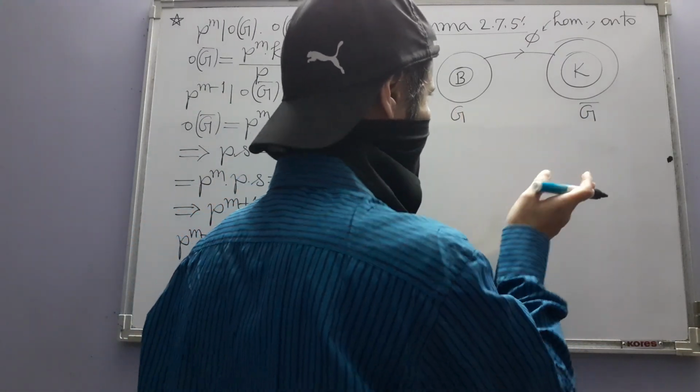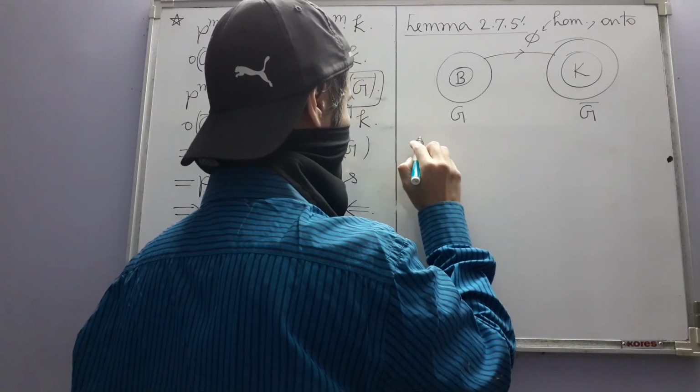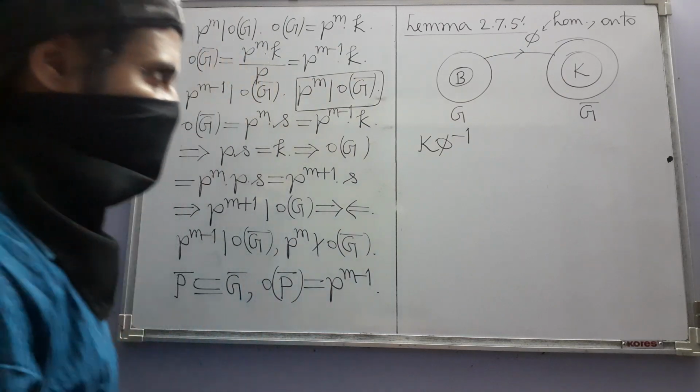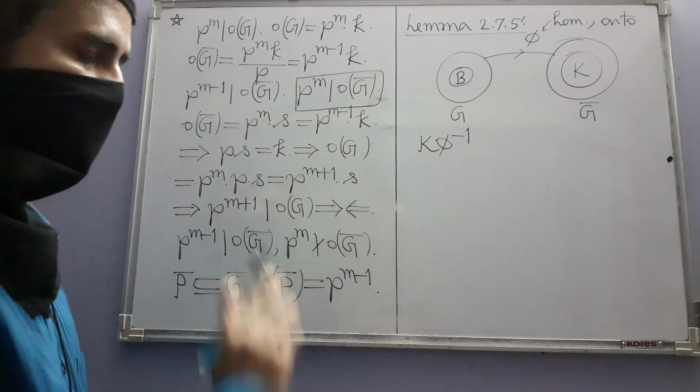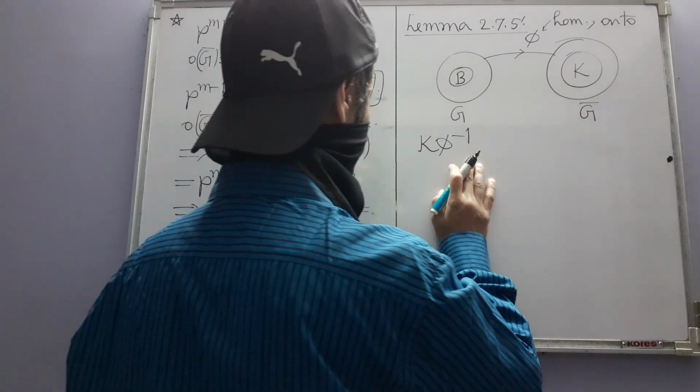Then the inverse image of K under this map, that is K phi inverse, will be a subset of G, because it's simply an inverse image of a map.